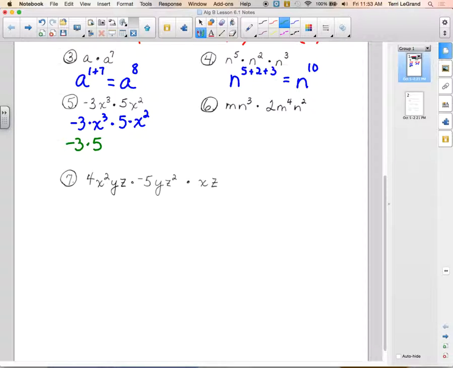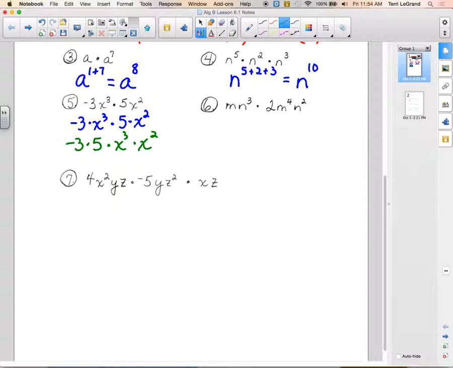So the 5 and the x cubed are going to switch places. We're going to put the guys that have the same base beside each other. And these are constants. -3 is a constant, 5 is a constant. We really could write them as powers, but we don't need to. Now we are going to multiply those guys.